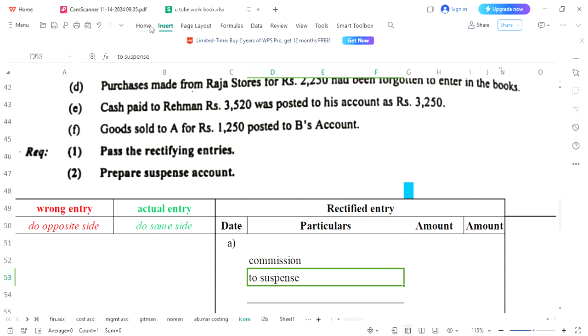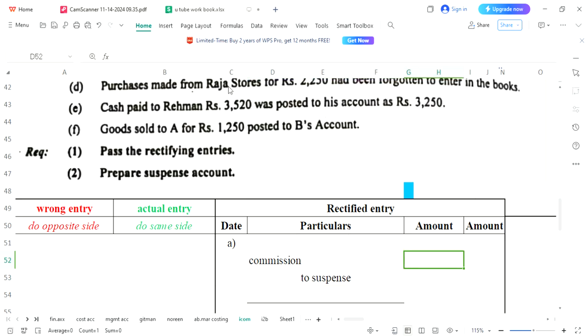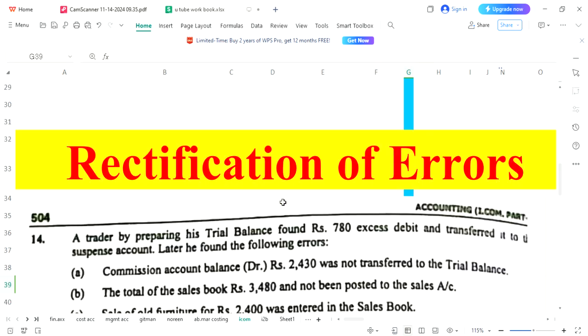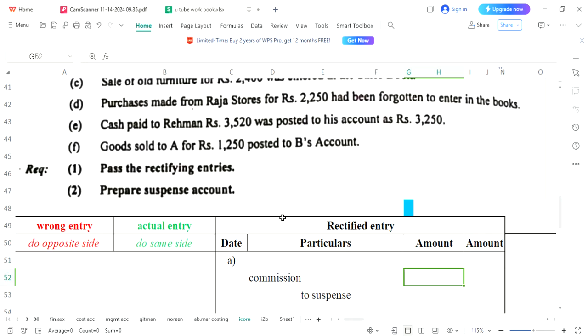Let me arrange it. The credit side should be a little further up. Okay, commission to suspense is our entry, and how much amount? 2430.